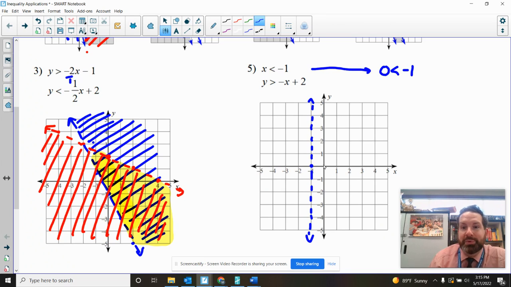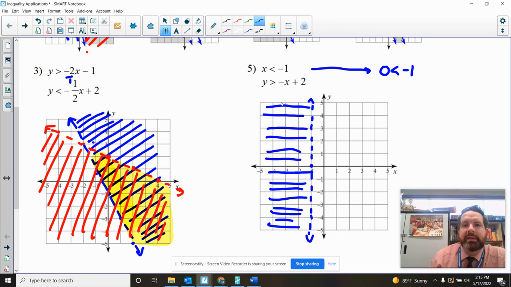No. So this is a false point, no shading over here. That means the shading comes in on the other side. You can also just get there by thinking about it. I'm looking for the x's that are less than negative 1. That means they've got to be numbers that are more negative, and those are the numbers that are over here.